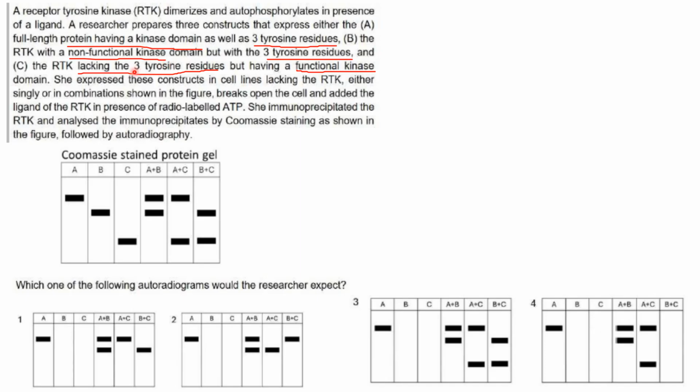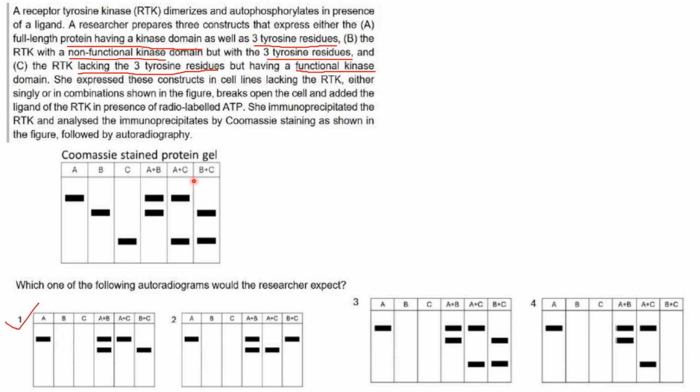But C is lacking 3 tyrosine residues, so no region to phosphorylate. So C's band will not be present in A plus C combination. Only A's band will be present. So first one A band is present, second one C band is present, so it is not correct. Third one A and C are present, so it is not correct. Fourth one A and C are present, so that is also not correct. So your answer here is option 1.